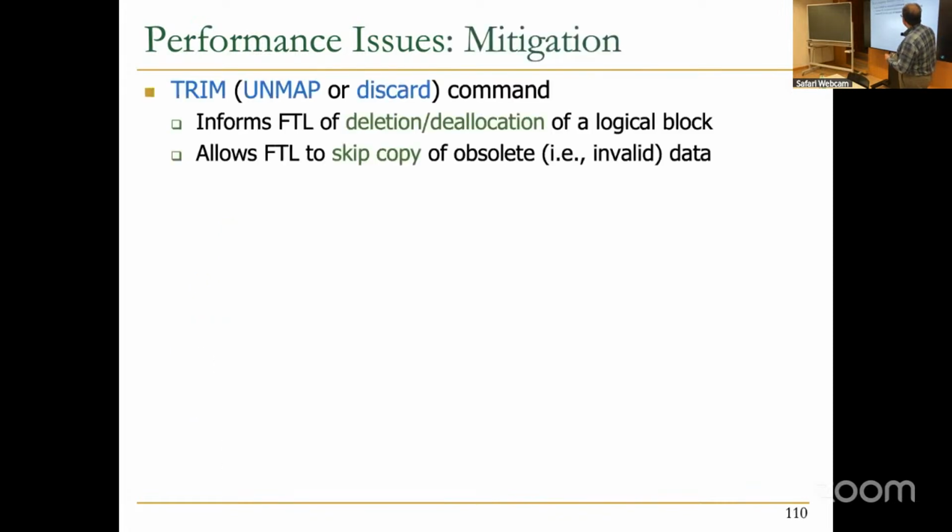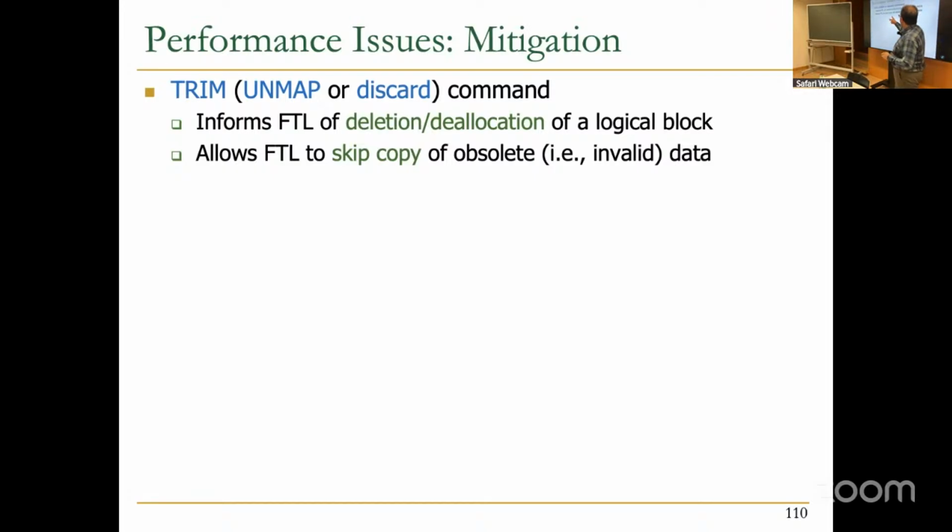So there are some mitigation techniques that people came up with. Trim is a command that people proposed at the software layer, at the OS, so that we can inform the FTL of deletion or deallocation of a logical block. At your system, when you delete a file, normally you don't inform the SSD or hard disk that you deleted this file. You just delete it from the page mapping that you have at the OS, right?